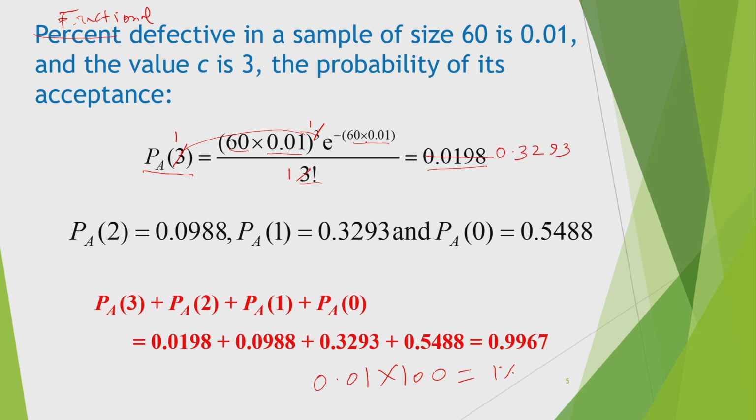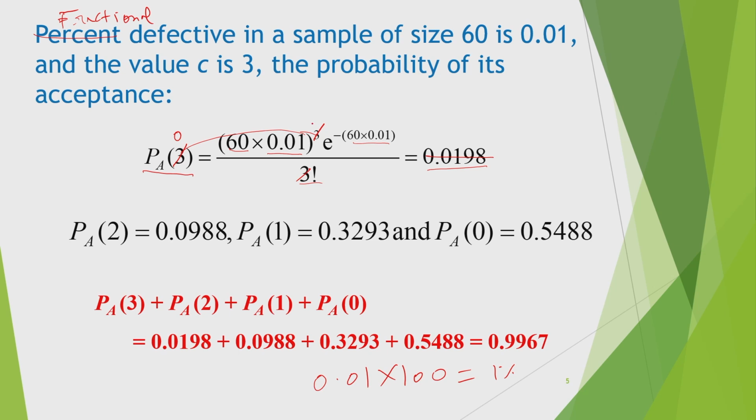Okay, e to the power minus 60 into 0.01, no change here, this will always remain. And if you talk about PA0, we cut this thing, so what we do here is that instead of 3 we put 0, meaning the probability that there will not be any defect in my sample, although on an average, statistically, it is expected to have 0.6 defect.